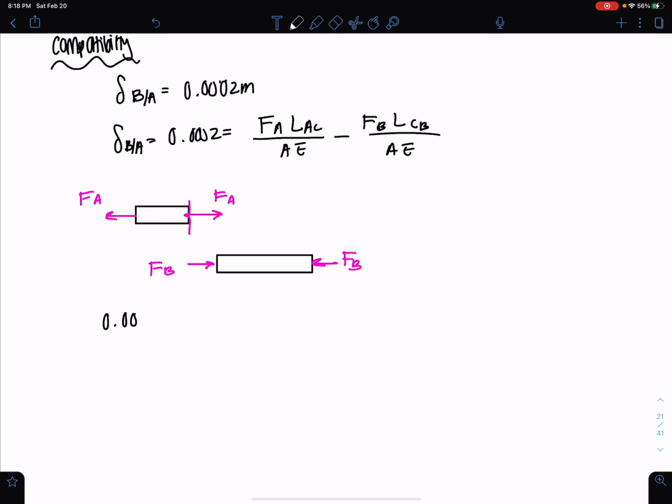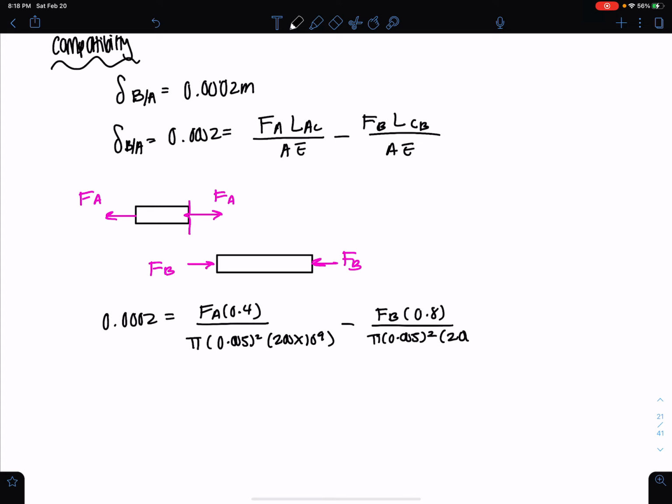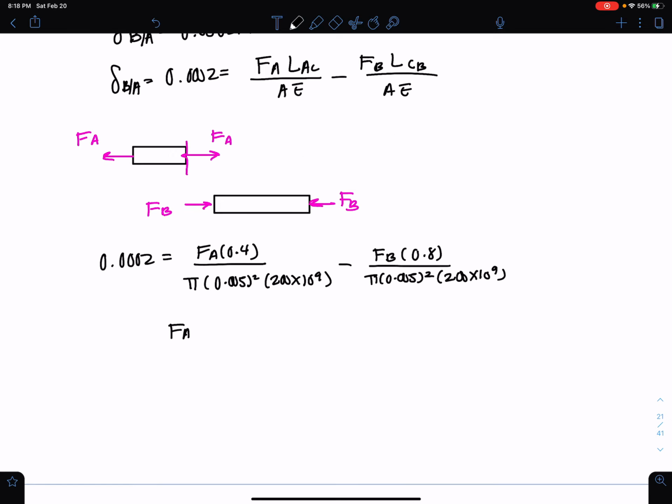So I get 0.0002 equals FA times 0.4 divided by pi times 0.005 squared times 200 times 10 to the 9, minus FB times 0.8 divided by pi times 0.005 squared times 200 times 10 to the 9. And I simplify this, I get FA times 0.4 minus FB times 0.8 equals 3141.59. And this is my second equation.